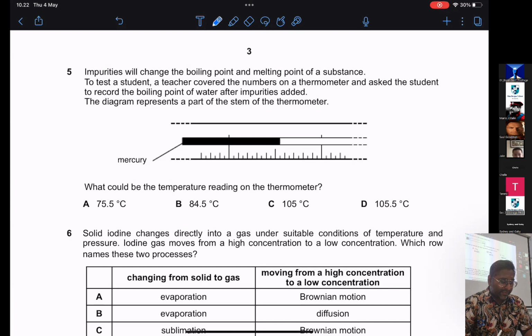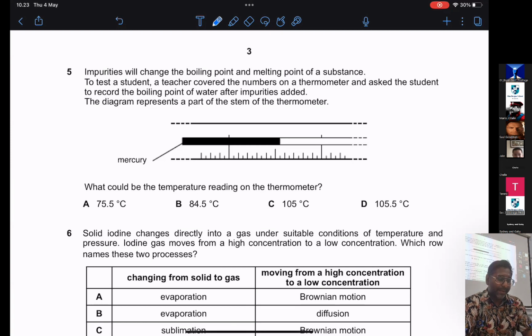Next, impurities will change the boiling point and melting point of a substance. I hope you remember this. We did one particular class about this, something to do with the fish and the dust powder.